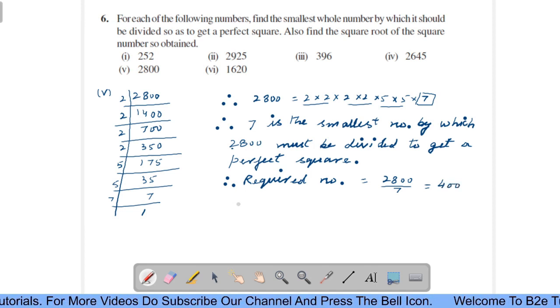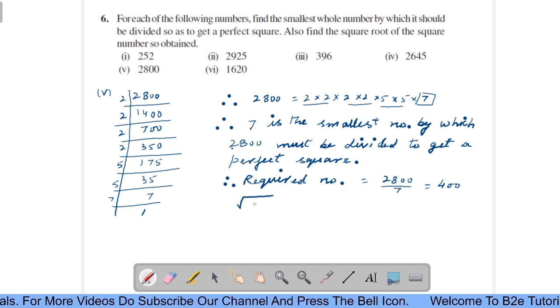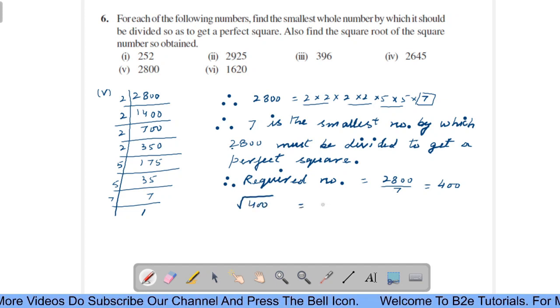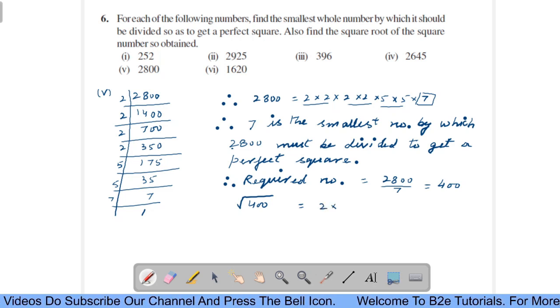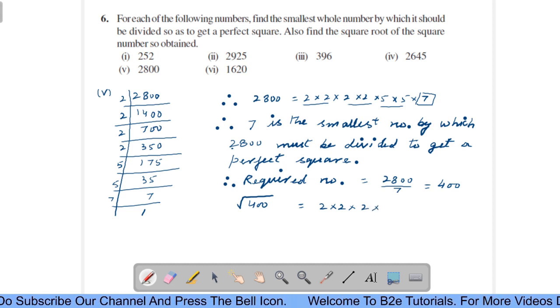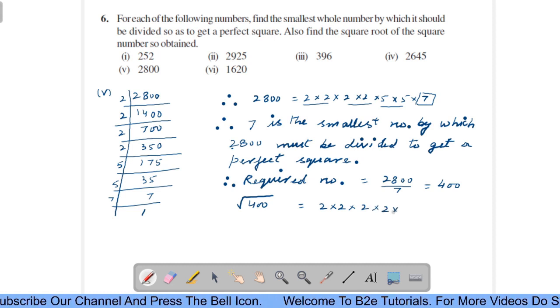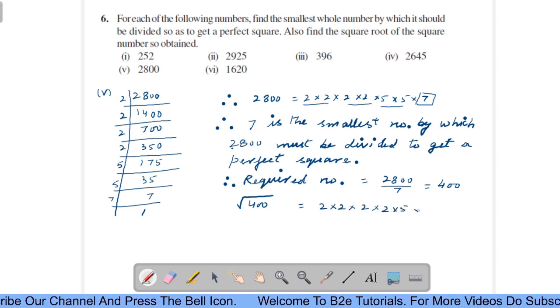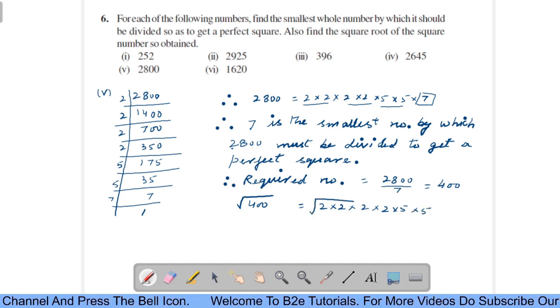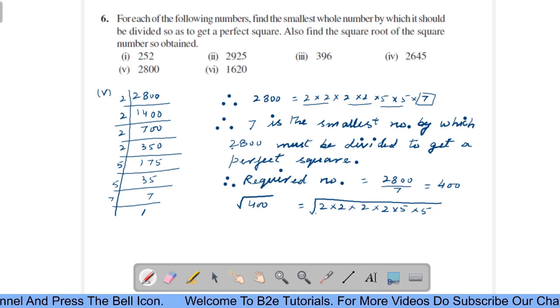Now let us find out the square root of 400. It can be written as 2 into 2 into 2 into 2 into 5 into 5 within the square root. Make pairs of 2.